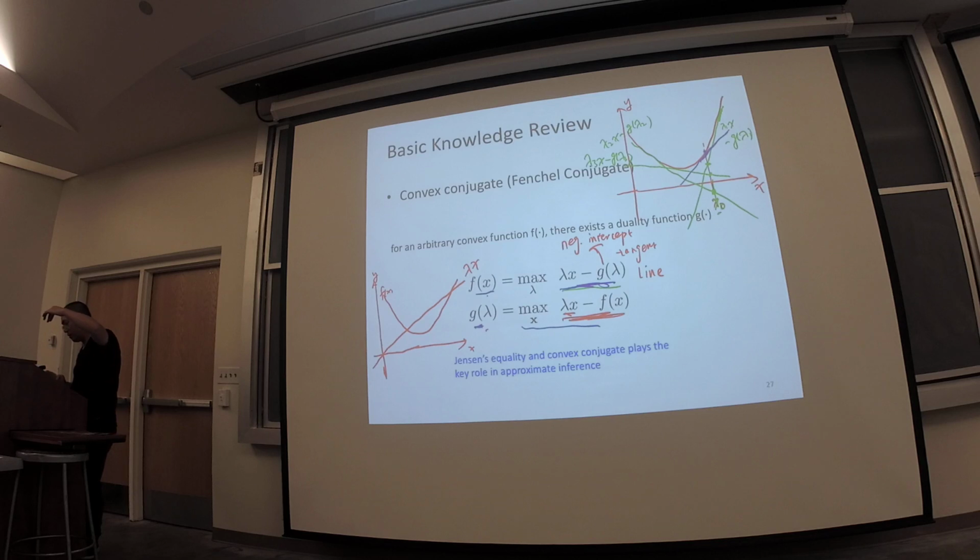Which connect the points on the two curves. Right? So let me represent this as green vertical lines. Those green lines, the length of those green segments actually represent the difference, right?